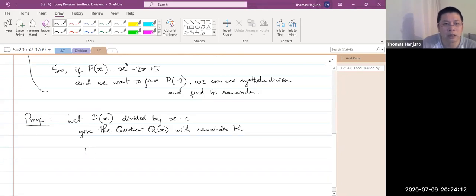So basically, when you divide P(x) by x minus c, we get the quotient Q(x) plus remainder r over x minus c.